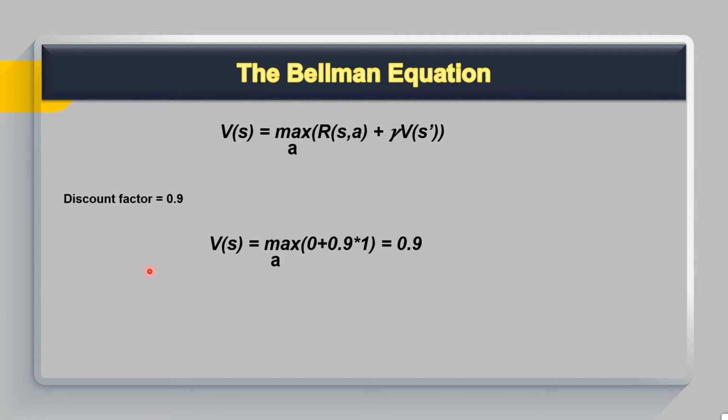V of S would be the maximum over A of 0, which is the initial R of S comma A, plus 0.9, which is gamma, times 1, that gives us 0.9. Here the robot will not get any reward for going to a state marked in yellow. Hence R of S comma A is 0. But the robot knows the value of being in the yellow room. Hence V of S dash is 1.